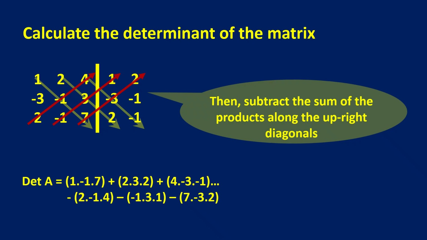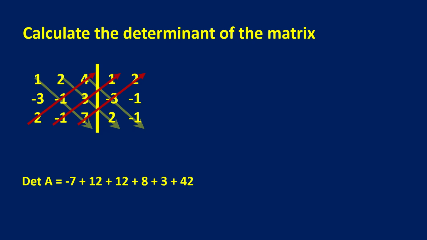There you go. Alright, we've got here all the sums of the products of all the diagonals. And we have calculated the determinant of matrix A, which is 70.